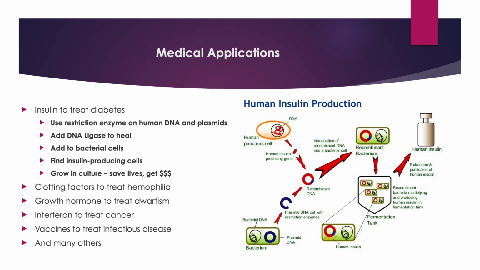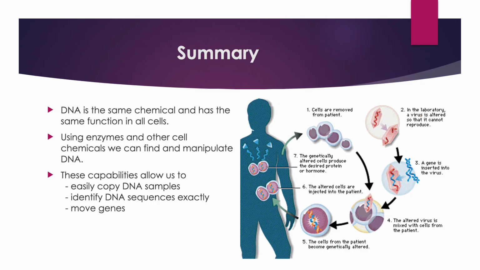We use an immune protein called interferon to treat cancer, vaccines to alert the immune system to proteins made by infectious diseases, many, many more of these that we can produce. And they can all be produced inexpensively, very pure human molecules that are easy to separate, very high quality. So we'll talk more about these and more about some applications of these later on.